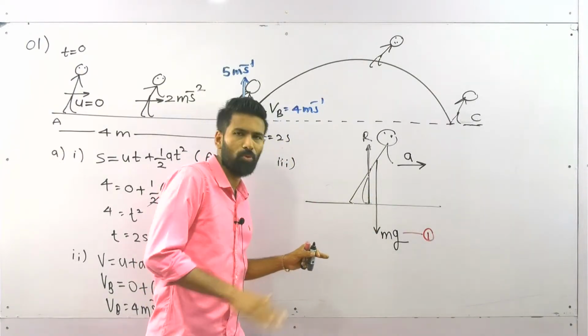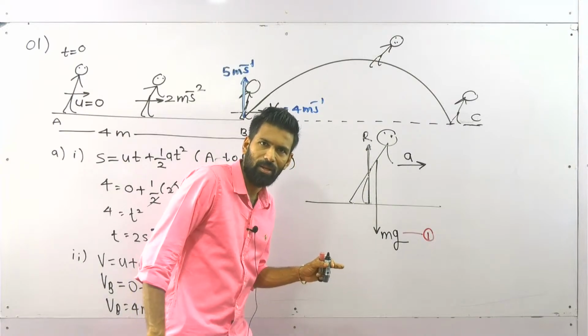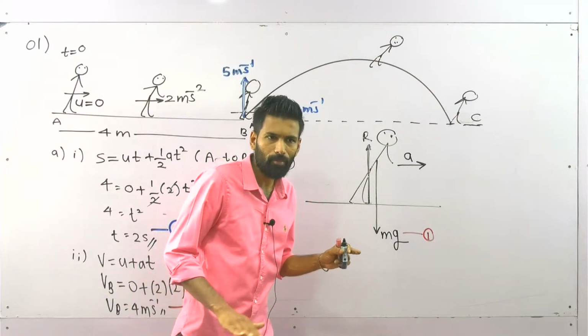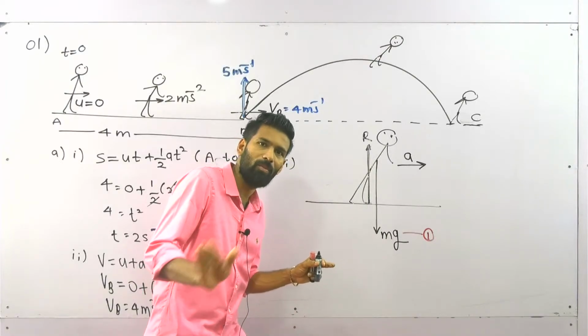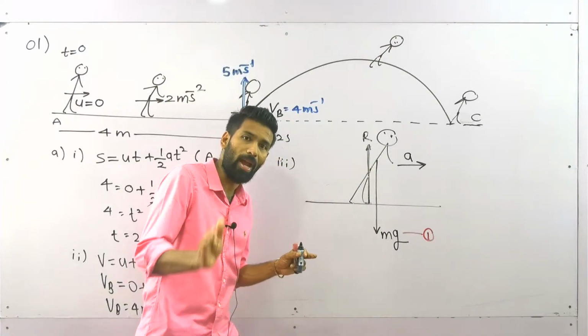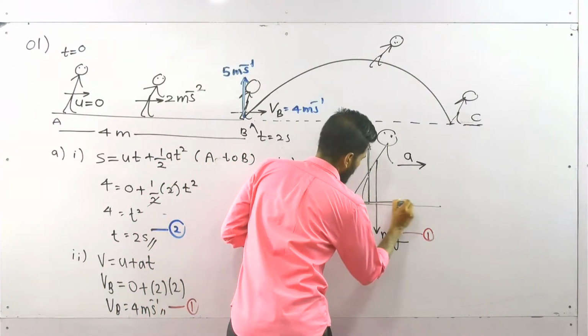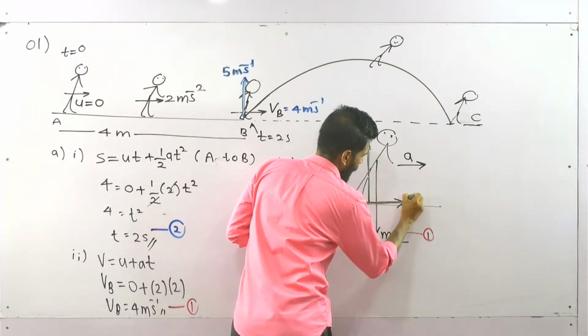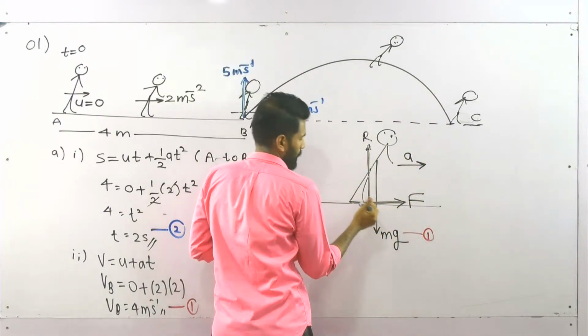When he tries to push his back leg in the backward direction, what happens? He pushes the ground in the backward direction, and there will be a Newton's third law component acting upon him to the front direction. And that is the force that will gain this acceleration.